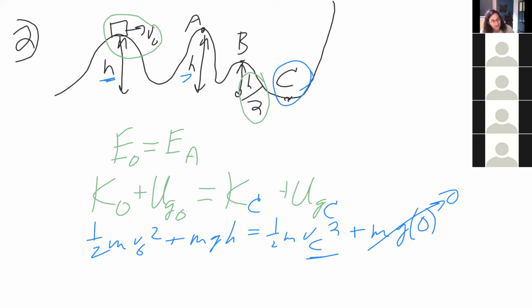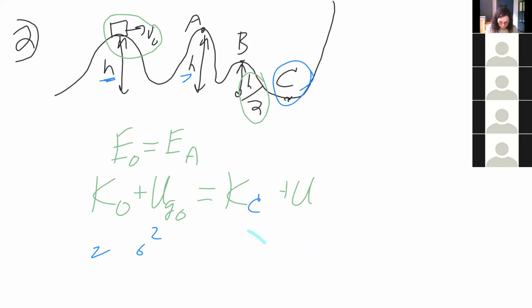Okay, the other 2 parts of this problem are going to ask us to find the gravitational potential energy at points A and B, given that the gravitational potential energy at C is 0. So they're saying that the potential energy at C is equal to 0.